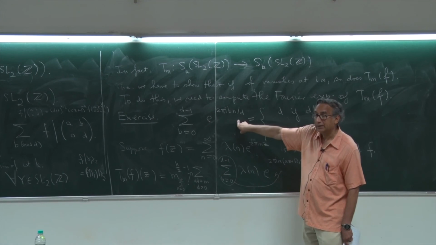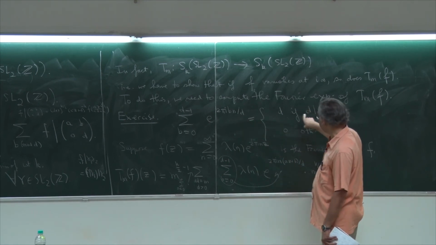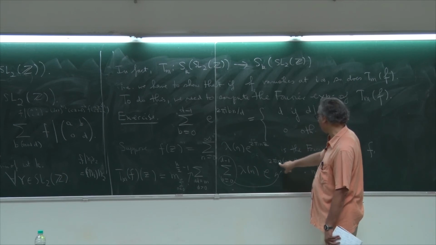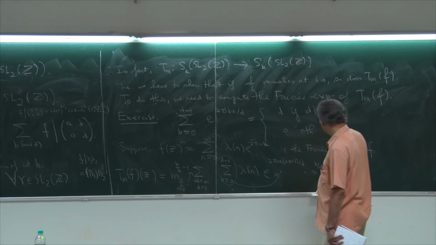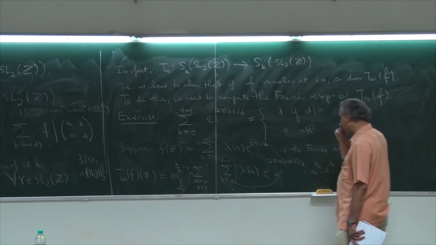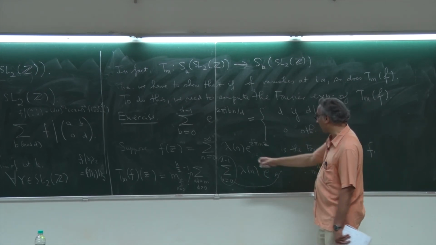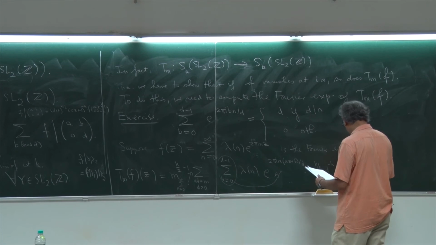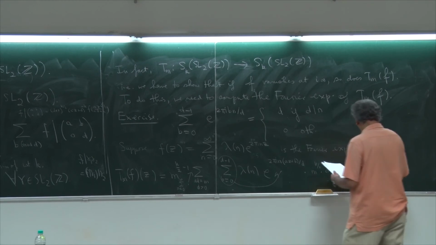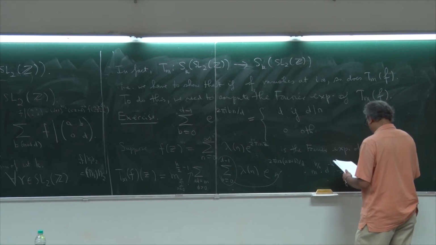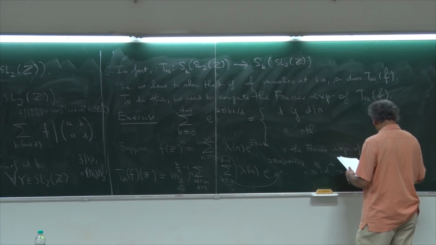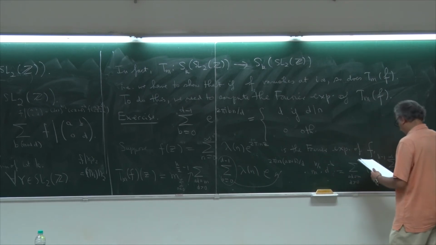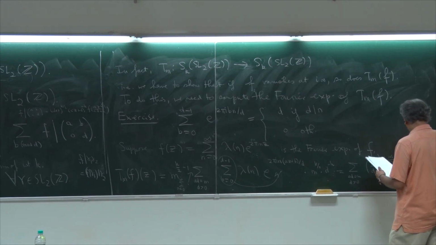I use this fact, and I see that it's going to disappear unless d divides n. So unless d divides n, it'll disappear. Not only that, when d divides n, you're going to pick up a d. So when you clean it all up, which I will do fast because I'm running out of time, you end up getting the sum over ad equals m, d positive, of (m over d) to the k minus 1, summation n going from 0 to infinity, d divides n, lambda of n, e to the 2 pi i a n z over d.